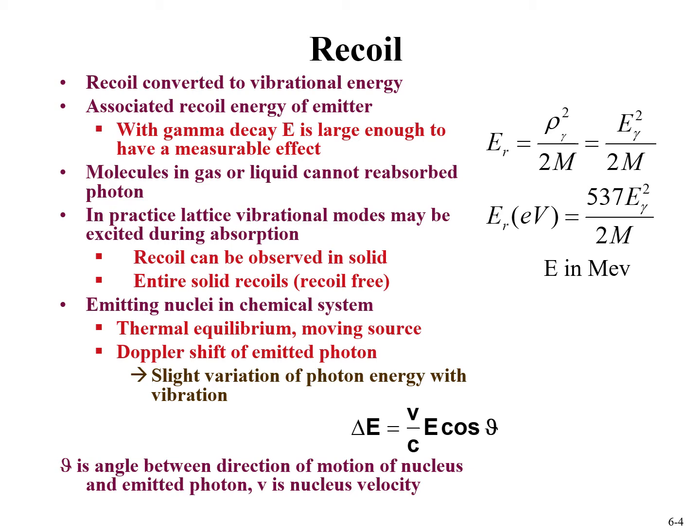Within this, there's a relationship between the energy, the velocity of the nucleus, the speed of light, and the direction of the motion of the nucleus and the emitted photon. So there are ways of characterizing some of these energies. We talked about how the recoil has a specific energy, and we can vibrate the system and have a small perturbation on that energy.